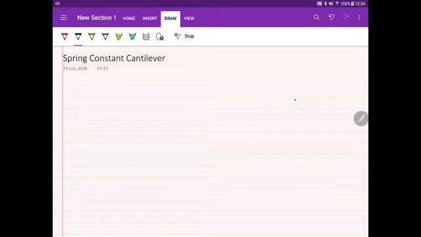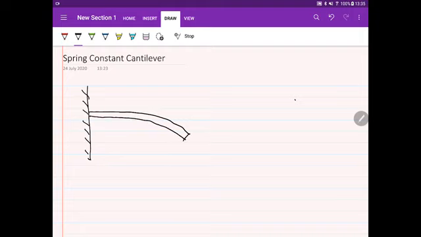So in simple schematic form, we have a fixed point which has the cantilever coming out from it like this, and the cantilever is being bent by a force which is coming from interaction with the surface.